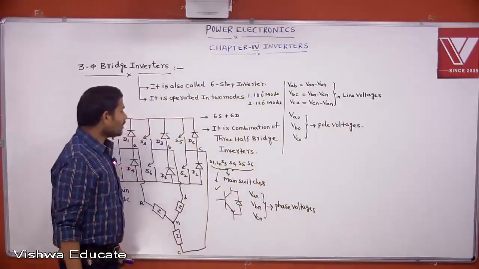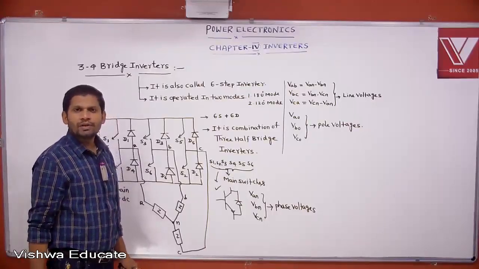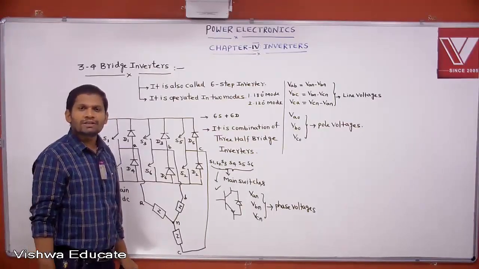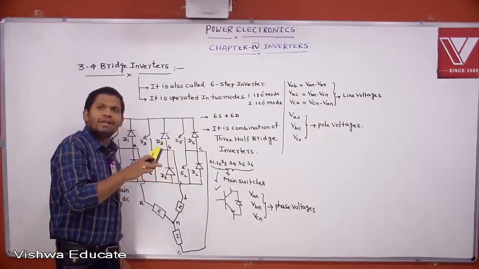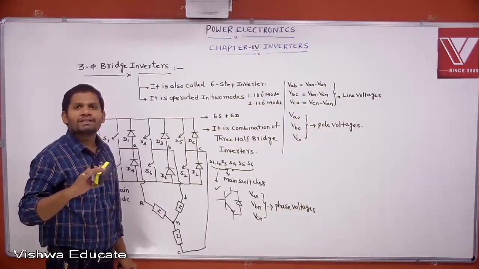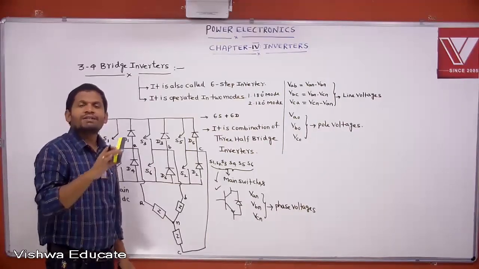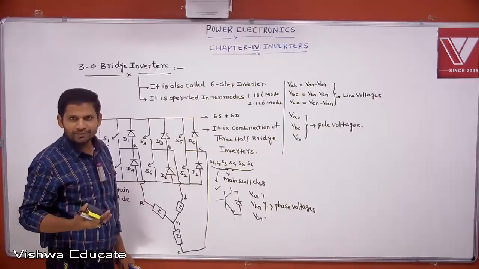Now, first we will start with the 180-degree mode for R load. In this concept, I want to discuss, during the operation of this inverter circuit in 180-degree mode, when different pairs of devices are conducting, what the phase voltage and line voltage are.